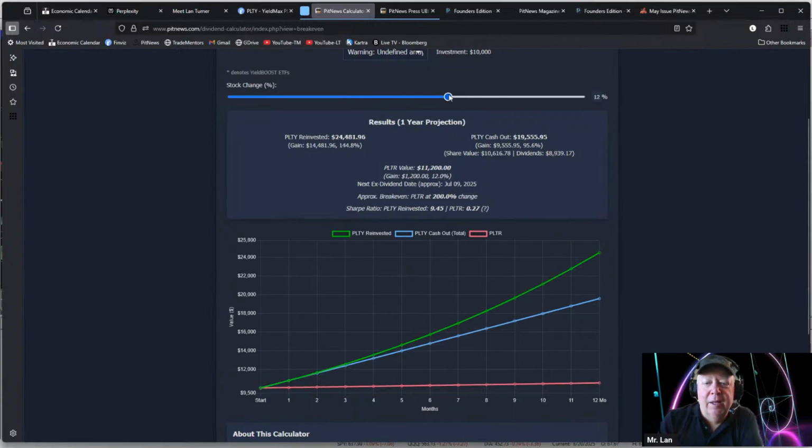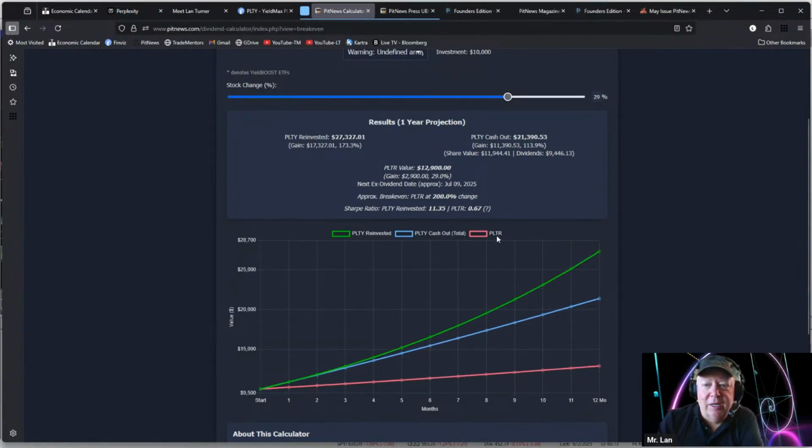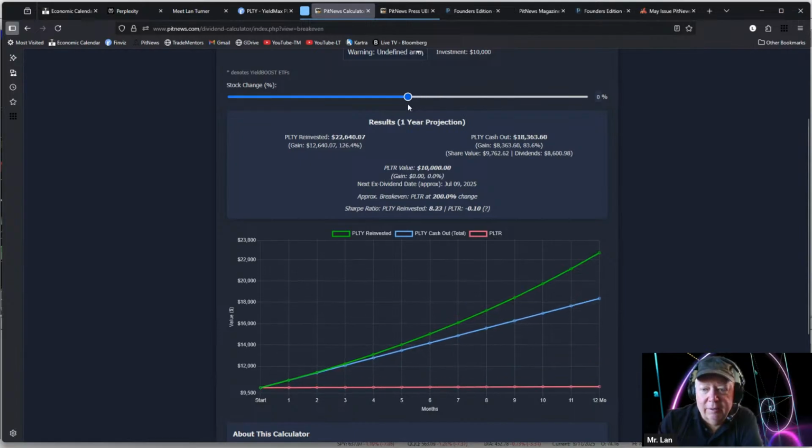Let's say the red line is PLTR right here. So if it's sitting flat, PLTY, this is if we reinvest, this is if you just take the cash out. So if PLTR makes absolutely nothing from the start to the end, 12 months, well, PLTY will still make a bunch of money.